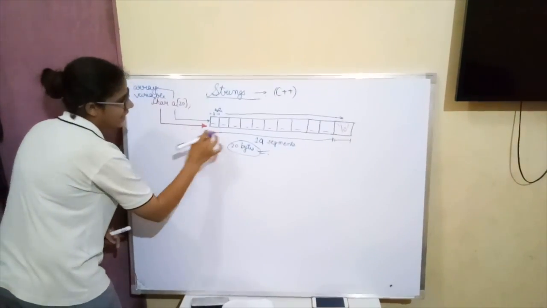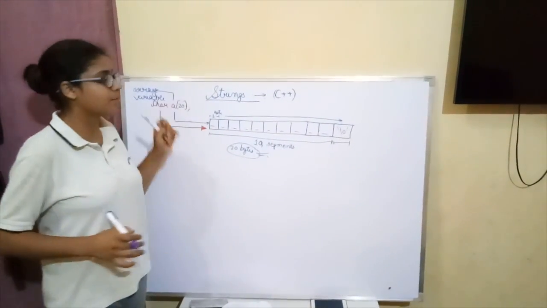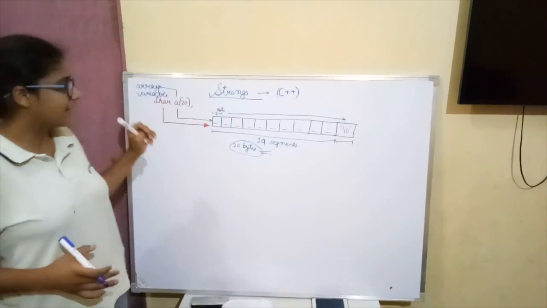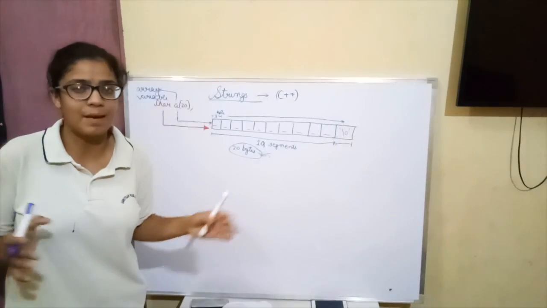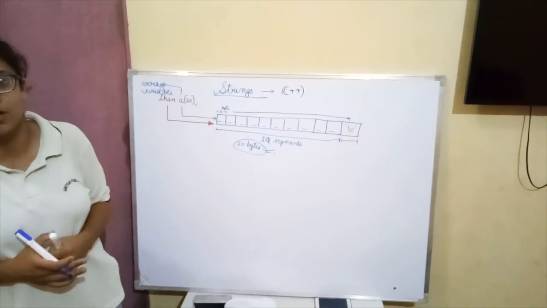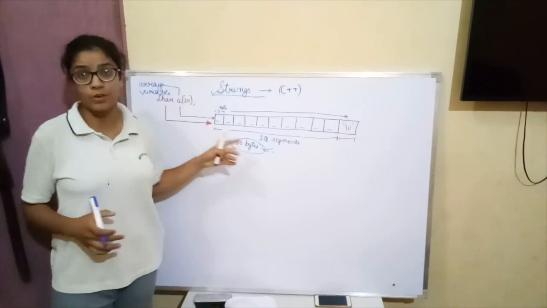When we initialize this character type, we don't need to specify the index number for each character as we do in arrays of other data types, for example int type. We only specify the name of the variable so that we can input our string.